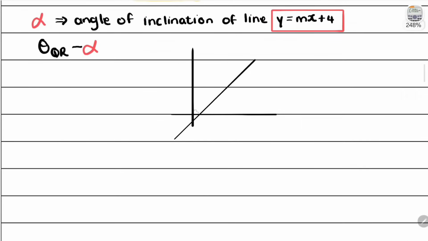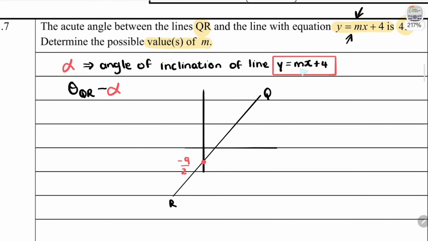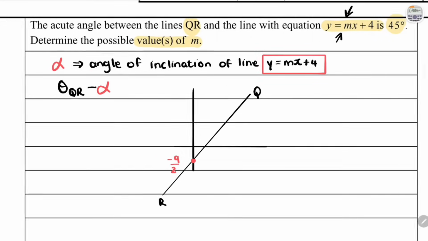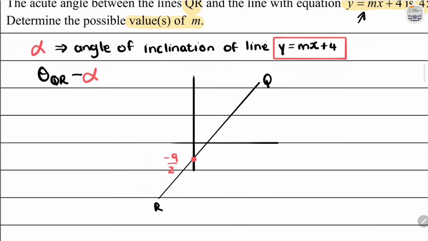So if this is at -9/2, so this is line QR, then this line with the equation mx plus 4, here are the ways that it could look. It could be a situation where the angle of inclination of QR minus alpha gives us 45 degrees.